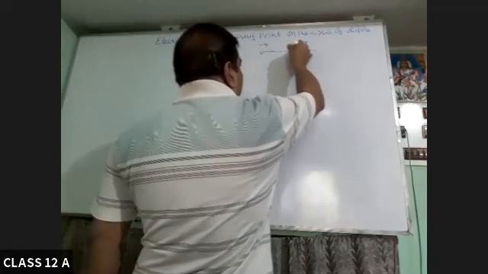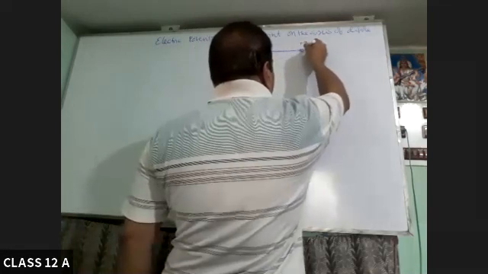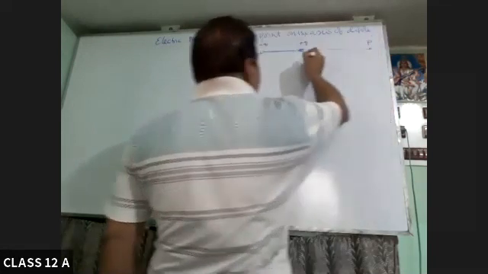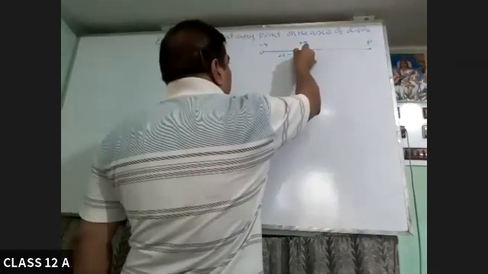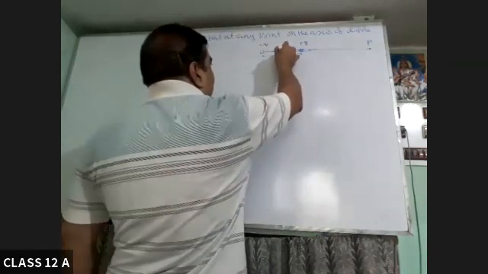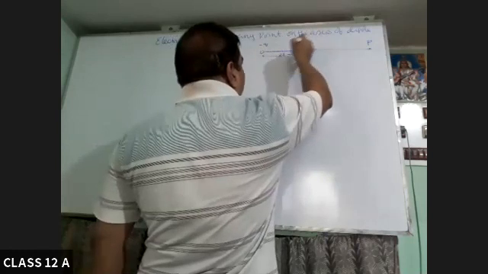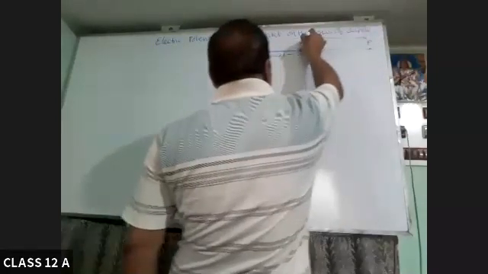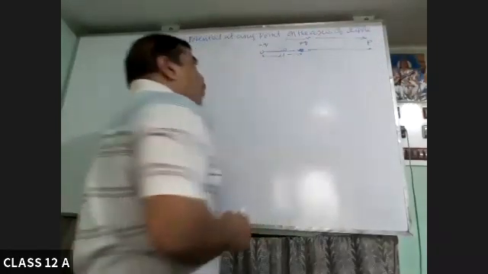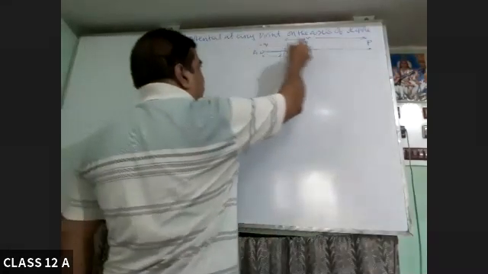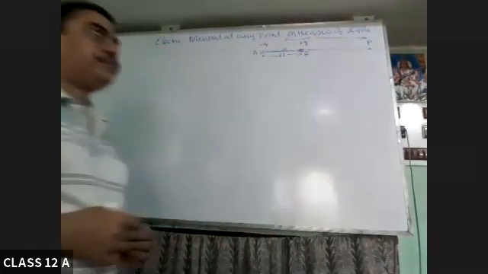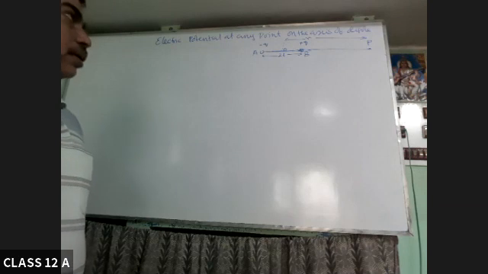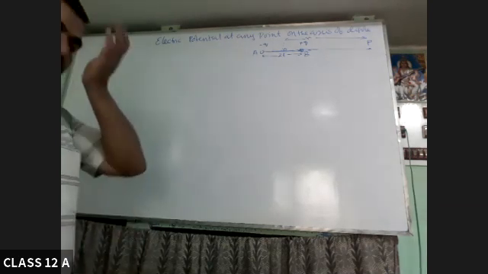And at any point on this axis, we will consider this point P. This length we are considering 2L or capital L, and from the center of this dipole, the distance is R. This point is O, this point suppose A, this point is B. This derivation is asked either in a 2 marks question or a 3 marks question.